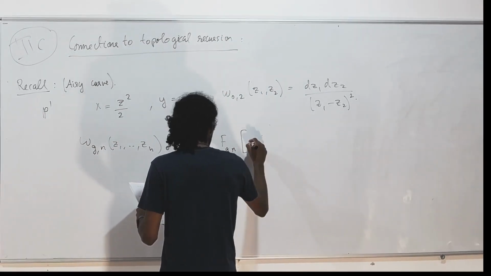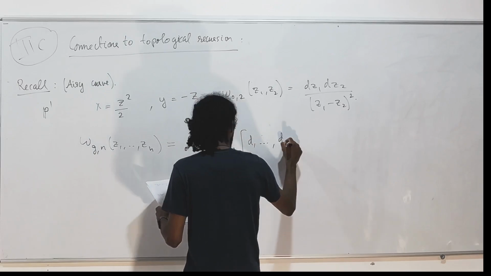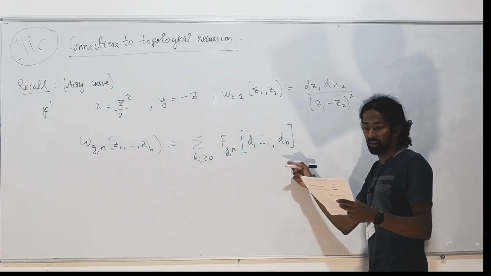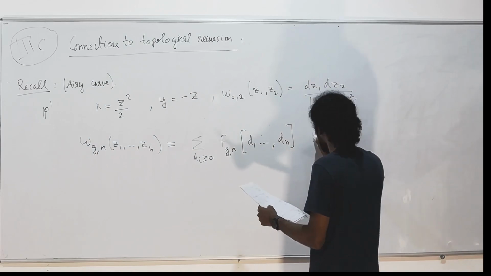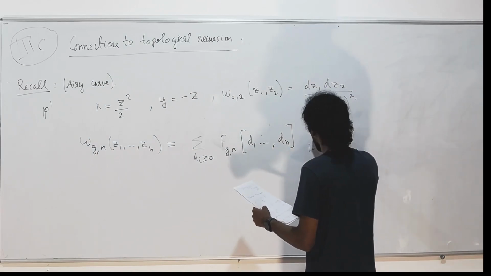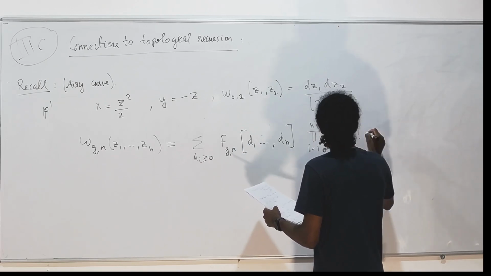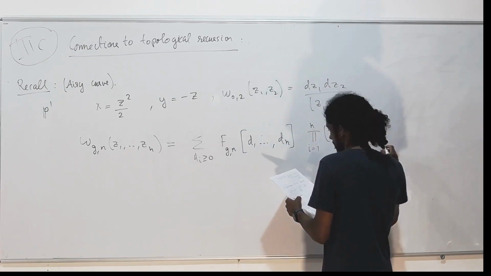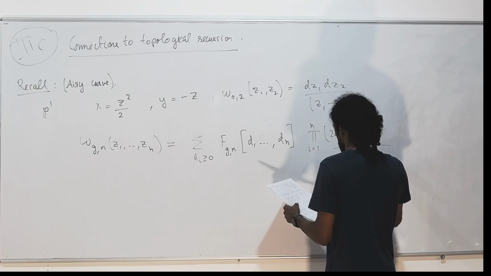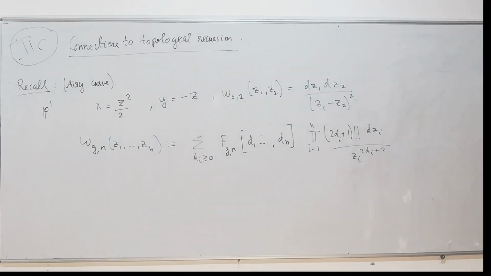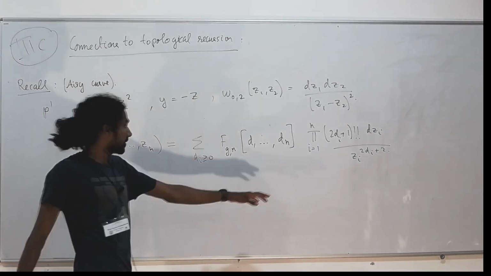Let me write down this decomposition and call the coefficients F g,n. Remember also that only even things appear here, odd differentials.